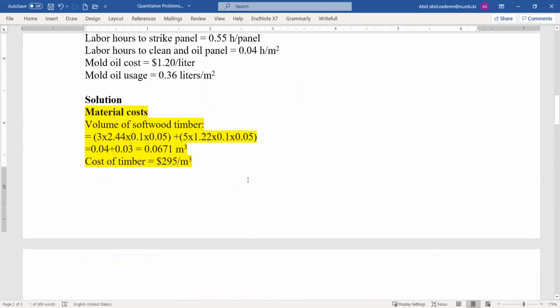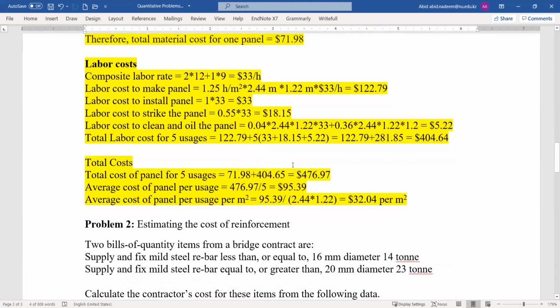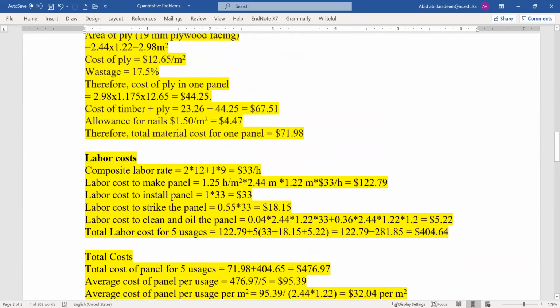Therefore, what we have done here is multiply these costs by 5 and then add the labor cost for making the panel.